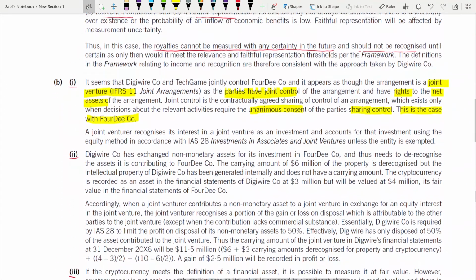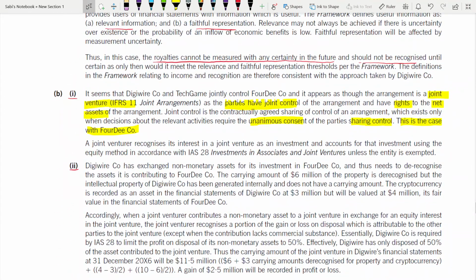Now, a joint venturer recognizes its interest in a joint venture as an investment and accounts for that investment using the equity method in accordance with IAS 28. Because when you record an investment in a joint venture, how do you record it? Using the equity method.